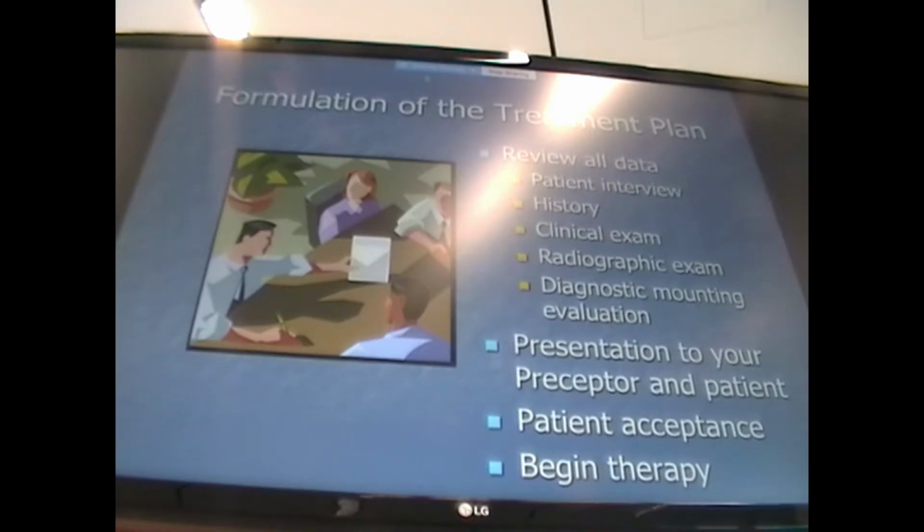So how do you make a treatment plan? Well, if you look at this slide, you have the results of your patient interview, your patient history, your clinical exam, your radiographic exam, and you have your articulated study models in front of you. Your history may give you some concept of what you're dealing with. There may be medical factors which could influence your case.